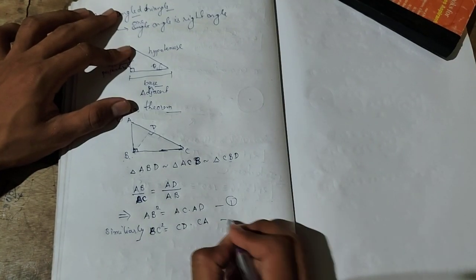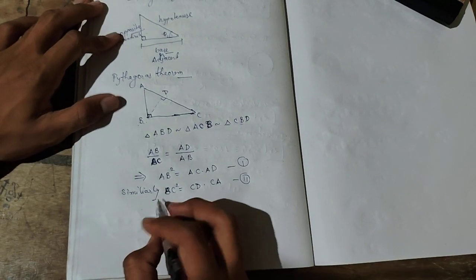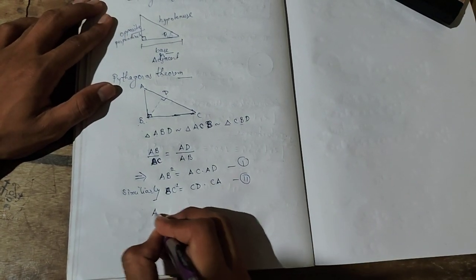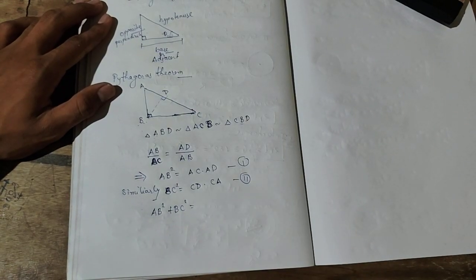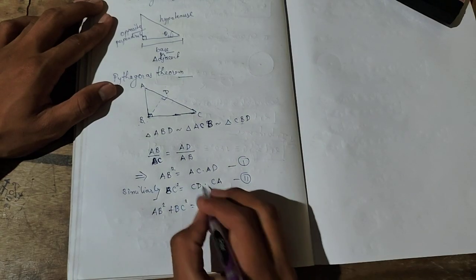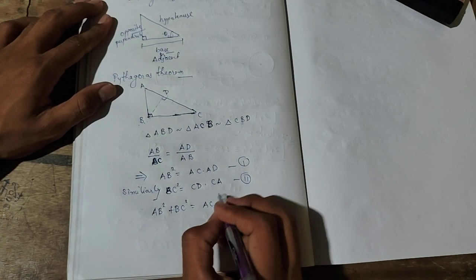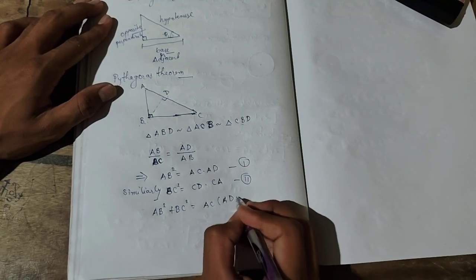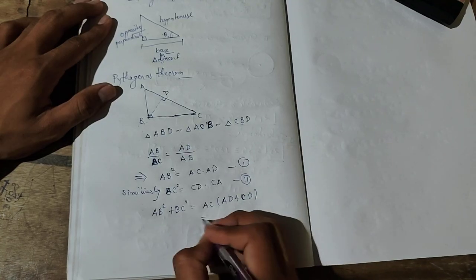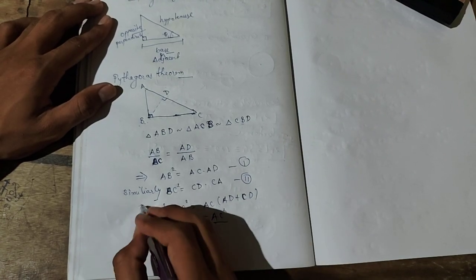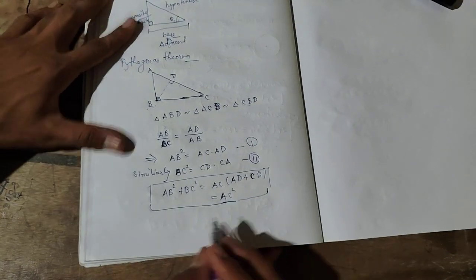And from the first and second, on adding both of them, we get that AB square plus BC square is equal to AC times (AD plus CD), and that is AC square. Now we get the most important result.